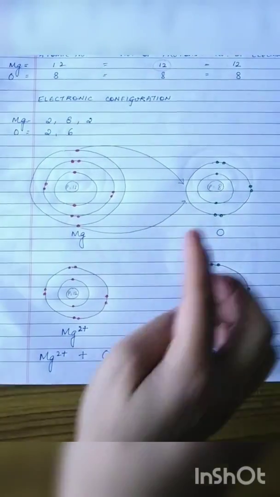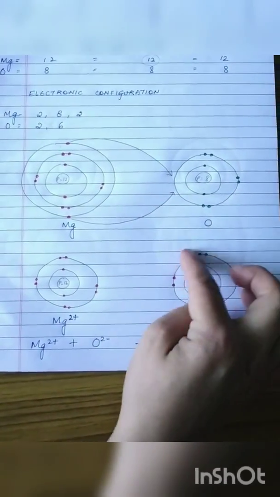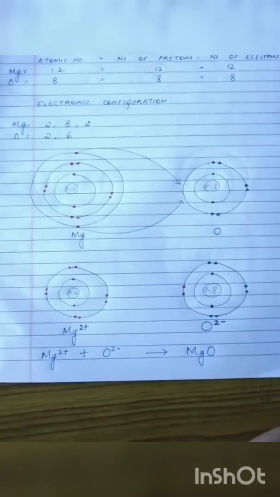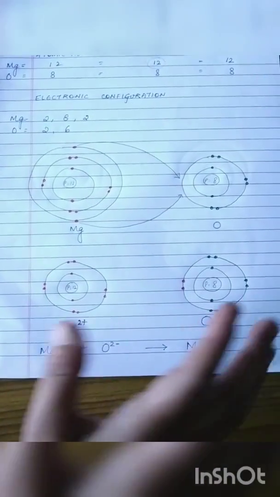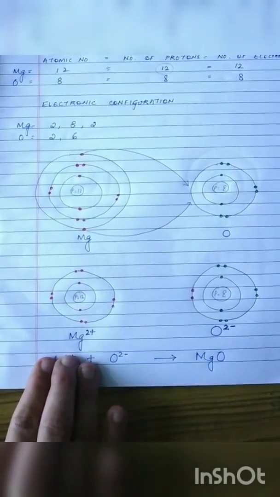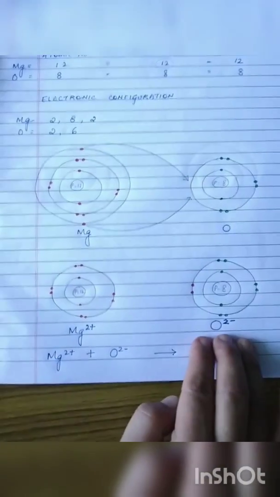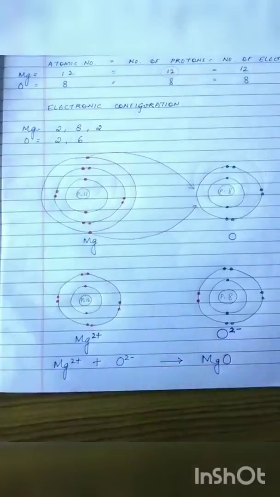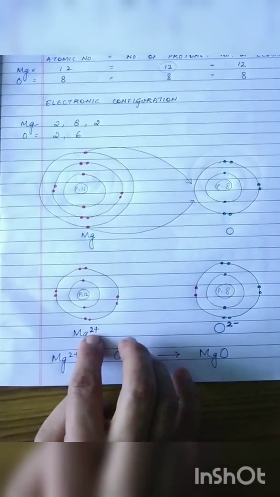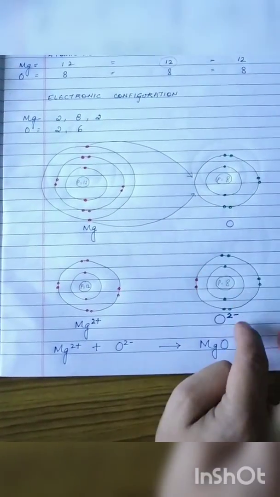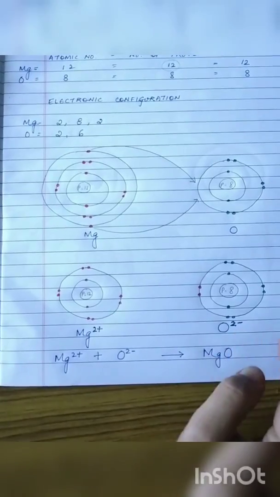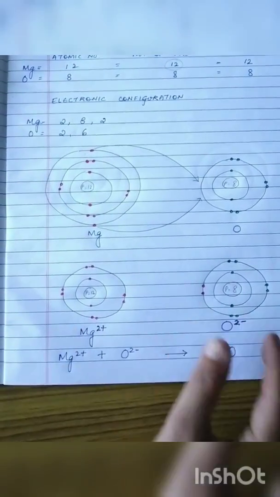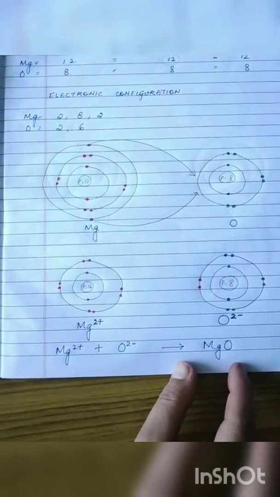So depending on how many electrons it needs to form the stable configuration, it will receive that many electrons. Metals form positive charges. Non-metals form negative charges. Depending on how many electrons it gives away, that many positive charges, and how many it receives, that many negative charges. Since ions are now formed, ions will react to form the compound.